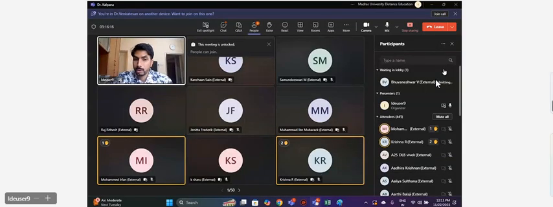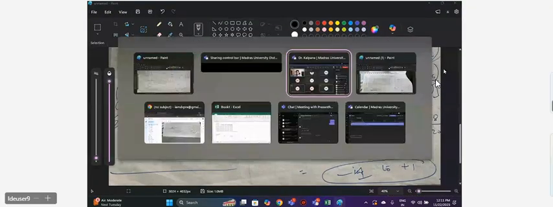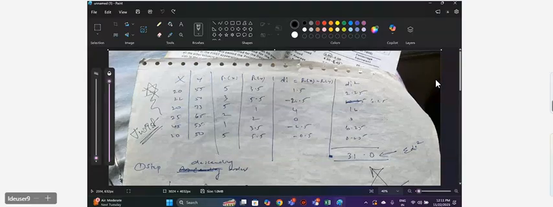Now look at this image which I'm showing you. If you see the values of X and Y, under the X column the values are 20, 22, 20, 25, 45, and 20. Correct?